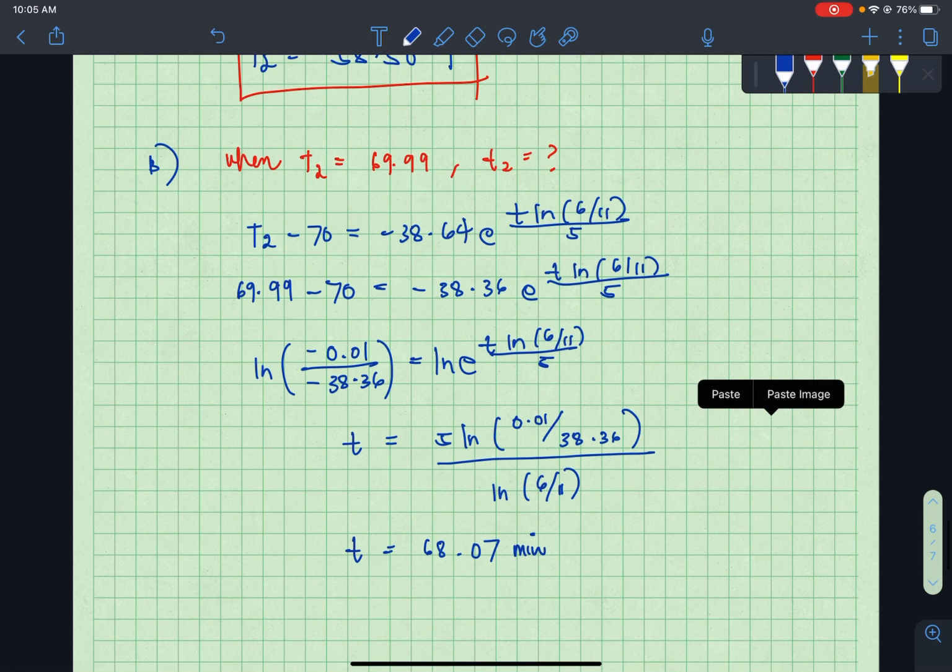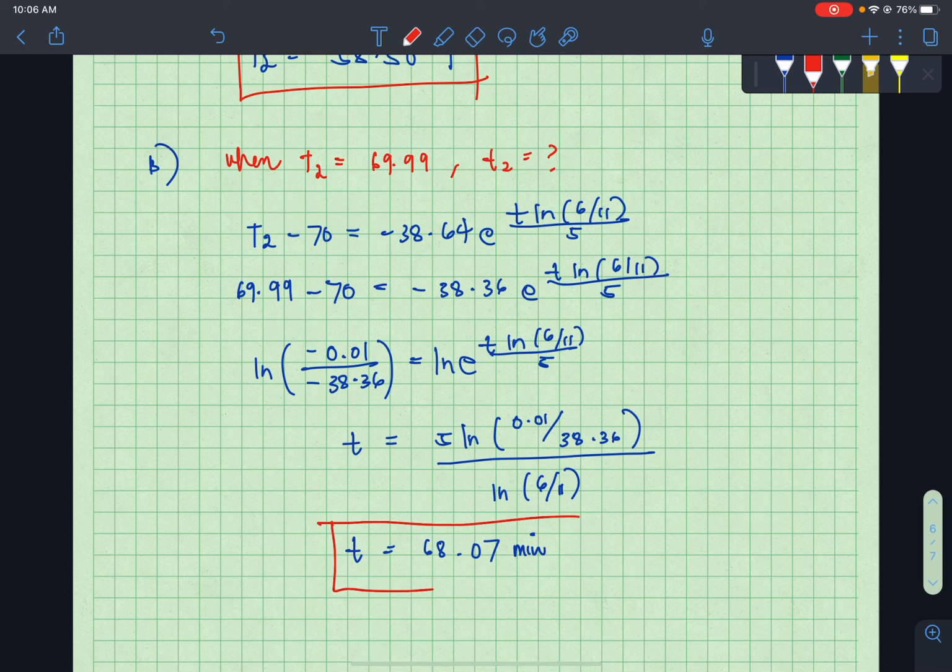Actually, to make it equal to 0 would take an infinite amount of time. That's why we have a value very close to 70, which is 69.99. So that would be 68.07 minutes. And if we add more 9s there, let's say 69.999 or 69.9999, this one increases and approaches positive infinity.